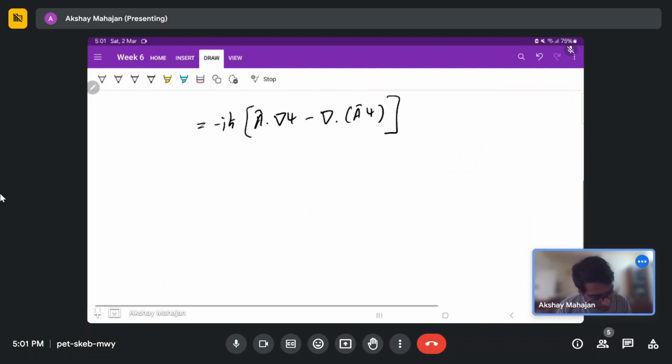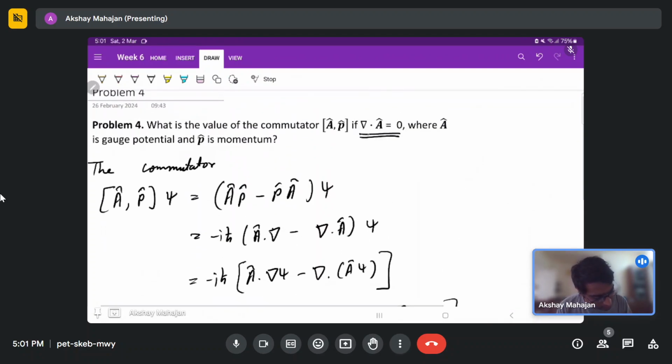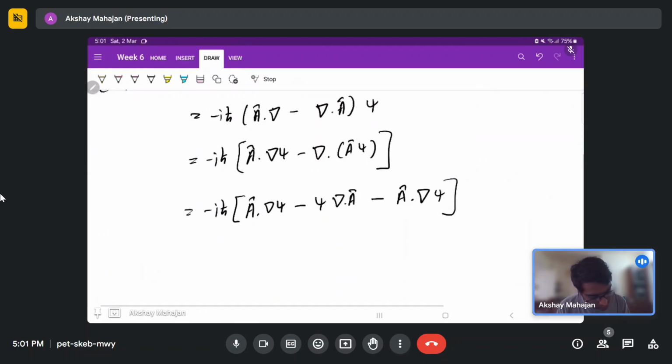Now if we do that, what we will have is A dot gradient of psi. Now this divergence will act on this and give us psi times divergence of A, plus A dot gradient of psi, and this is given to us, divergence dot A is equal to 0.